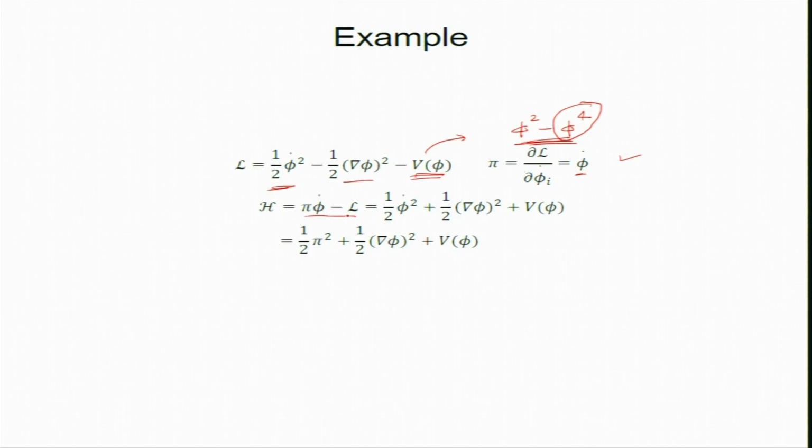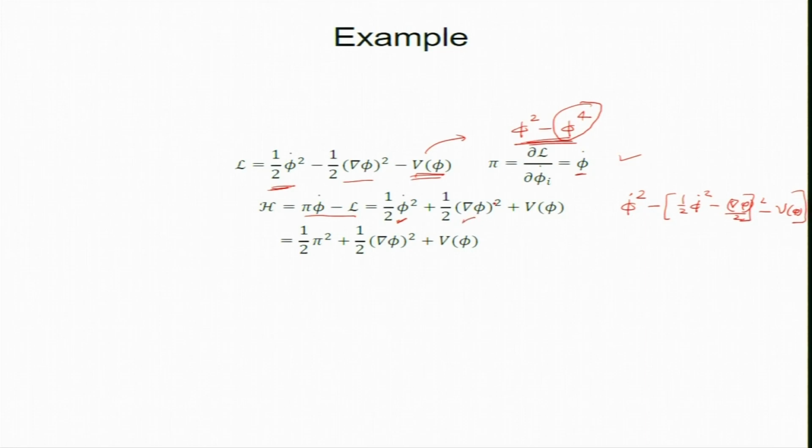There is only one field, so I do not need to do a sum. So pi phi dot will be, since pi is phi dot, phi dot squared, minus this Lagrangian. The Lagrangian has half phi dot squared, minus half grad phi squared, minus V of phi. So phi dot squared minus half phi dot squared leaves half phi dot squared, and the minus becomes plus for the potential energy.